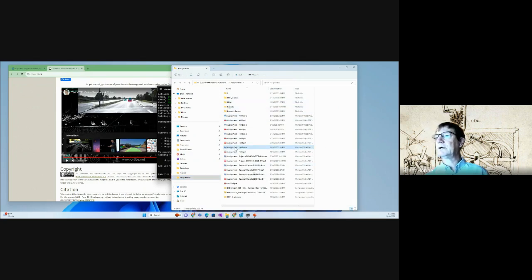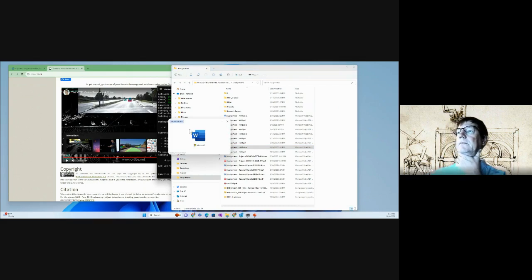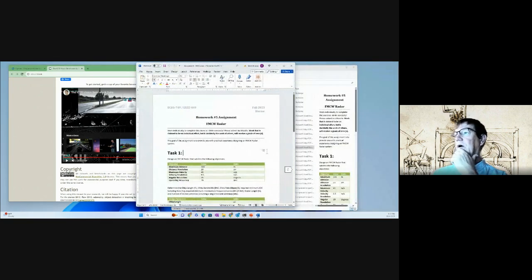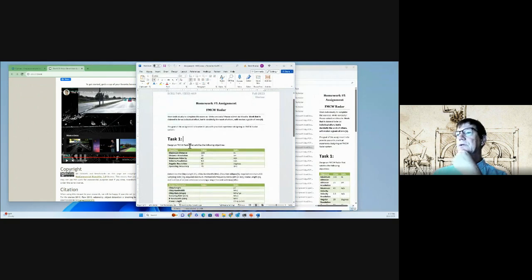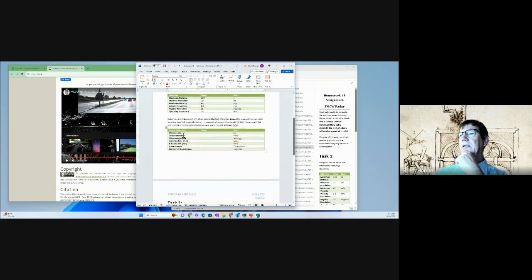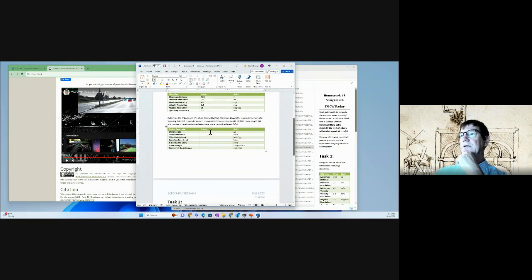homework 5 here, and this is going to be a nice little, hopefully fun design effort where you're going to take some objectives for an FMCW radar and translate that into a design. So I want you to fill out the values in this table. Look at all these different things here.